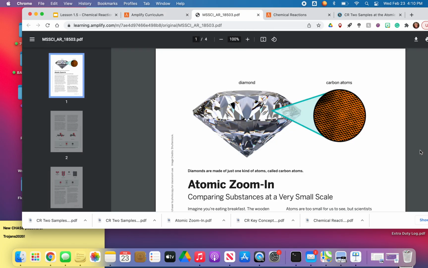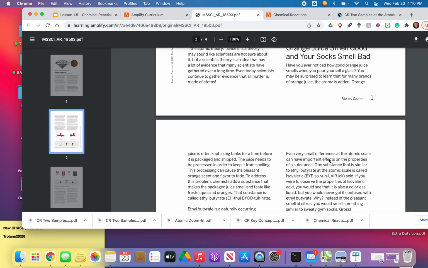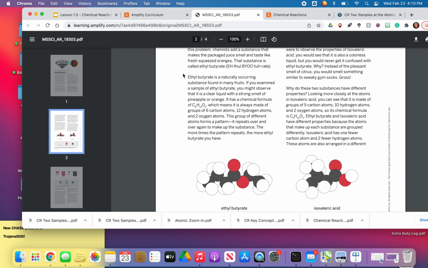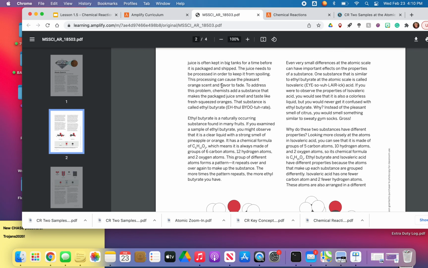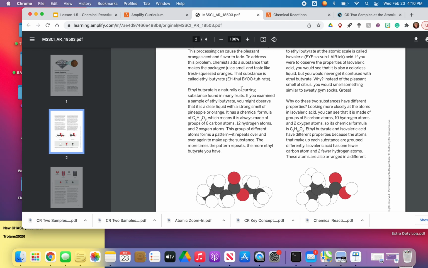So here's your article, and I wanted to show you on page 2, this ethyl butyrate is a naturally occurring substance. And if you look carefully, we do see that it has some physical properties. It is a clear liquid, and it does have a strong smell of pineapple and orange.